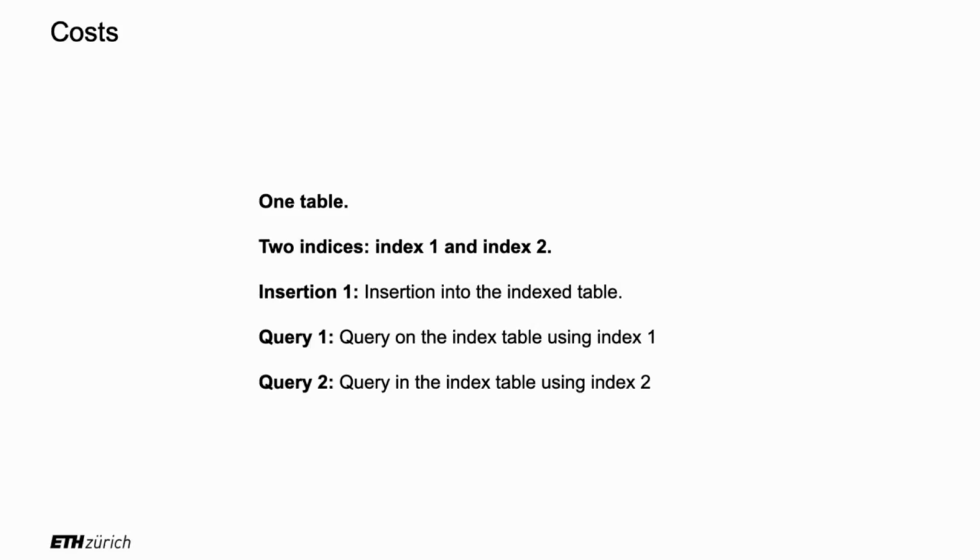Imagine it's a website, right? So people keep querying the table and people keep inserting stuff into the table. We have queries that might use index 1, index 2, and so on, right? And then I'm asking the question, is it worth it to have these indices? Should I build index 1? Should I build index 2?